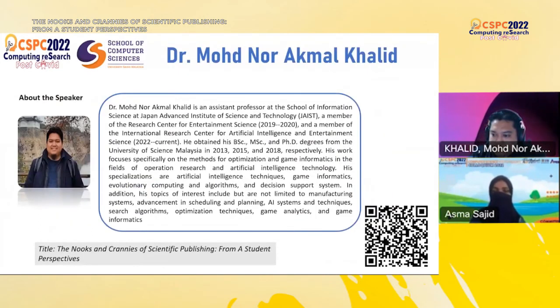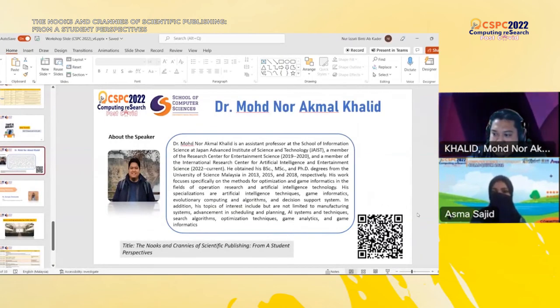If you happen to have this kind of rejection without reason, and you want to know the reason, you can actually email the editor to ask why they rejected your paper. Usually they don't reject without reason. They have their own reason, but they don't explicitly mention it to you.